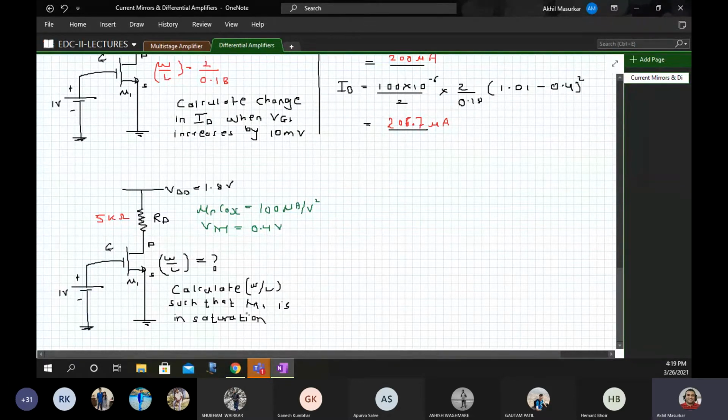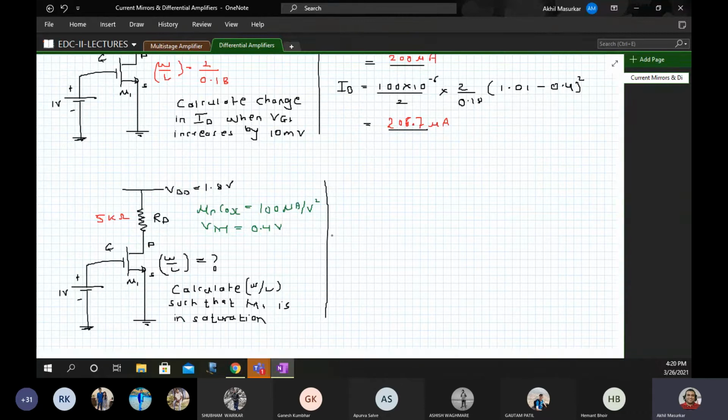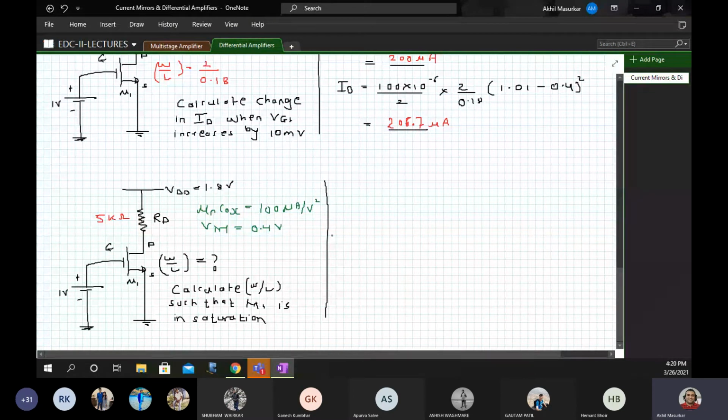First it was given that the transistor is in saturation, and then they told you to calculate the value of current. Now they are asking you what should be the size of the transistor so that the transistor in this circuit will be in saturation.